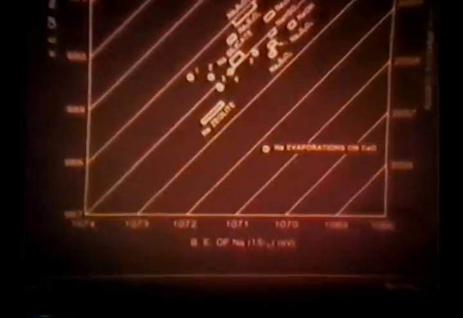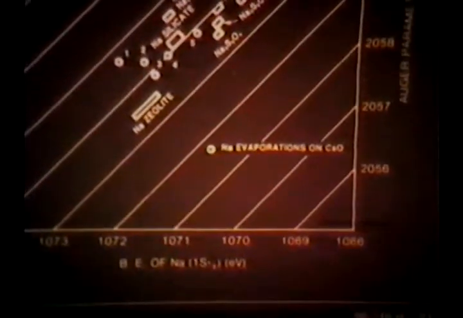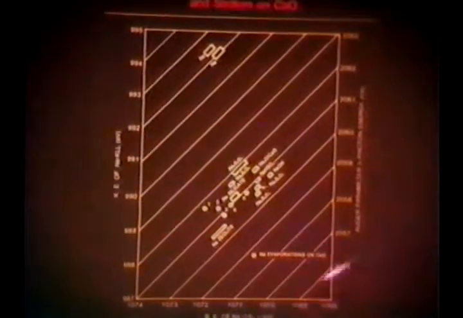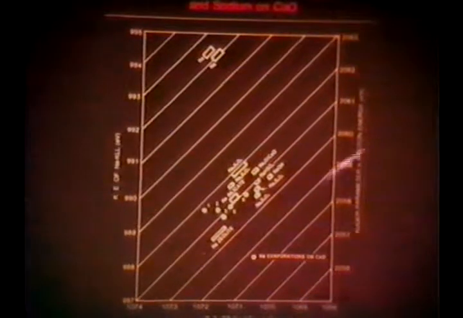The Auger parameter is defined as the kinetic energy of the photoelectron peak minus the kinetic energy of the X-ray induced Auger peak. Here the kinetic energy of the sodium peak is plotted as a function of binding energy of the sodium peak. Now the Auger parameters are shown in the diagonal lines.